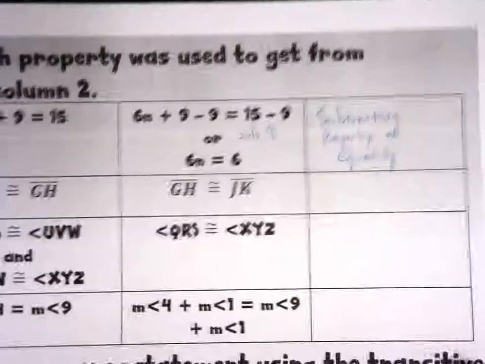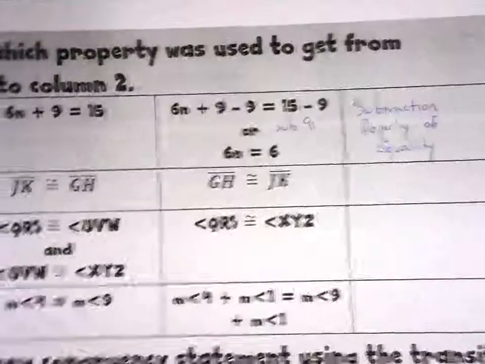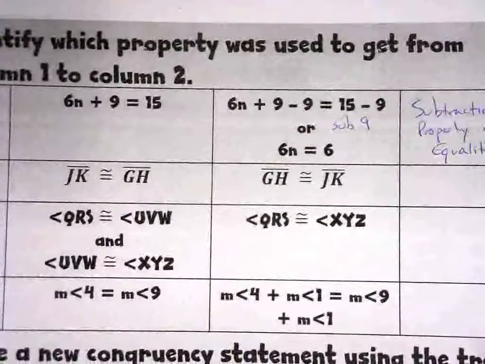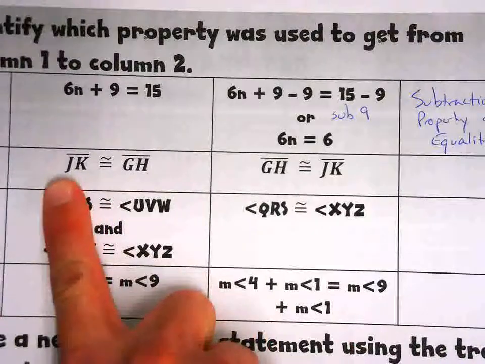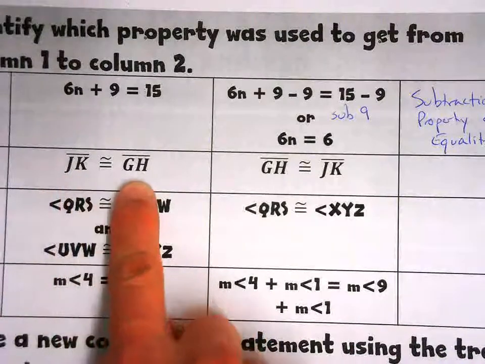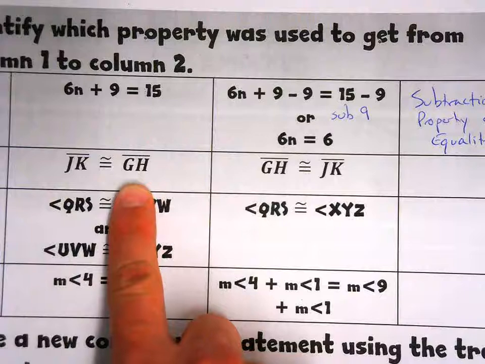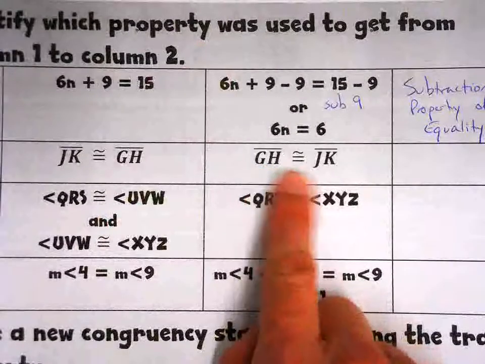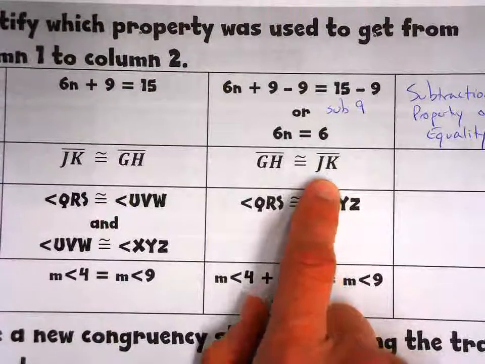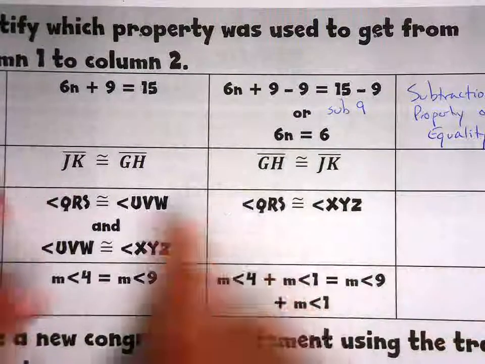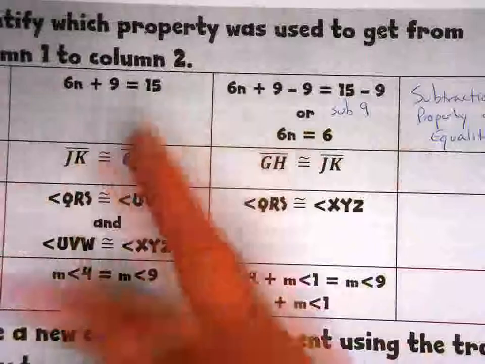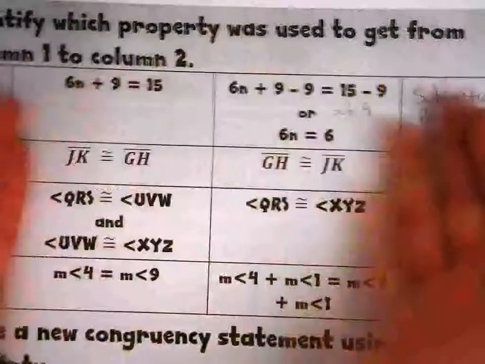So now we go into row number 2. We have segment JK is congruent to segment GH. And so guess what? Segment GH is congruent to segment JK. And so what is going on here? If you look at the two statements, they're just kind of like flip-flop. It's like they folded over each other. And if it looks like they folded over each other, that is called the symmetric property.